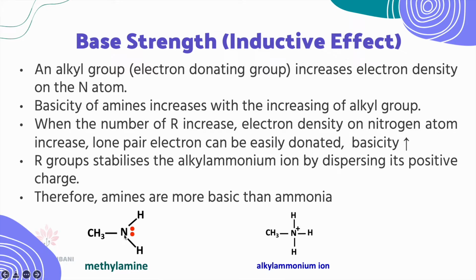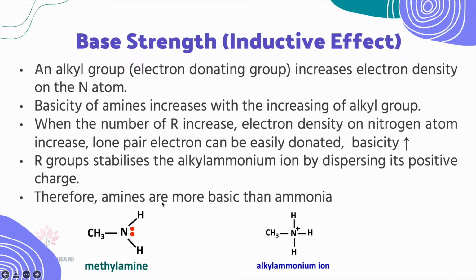When this N has higher electron density, it can easily accept the H+, or in another word, this electron can be easily donated to the H+. And then the R group here stabilizes the alkyl ammonium ion by dispersing its positive charge. So it disperses the positive charge.